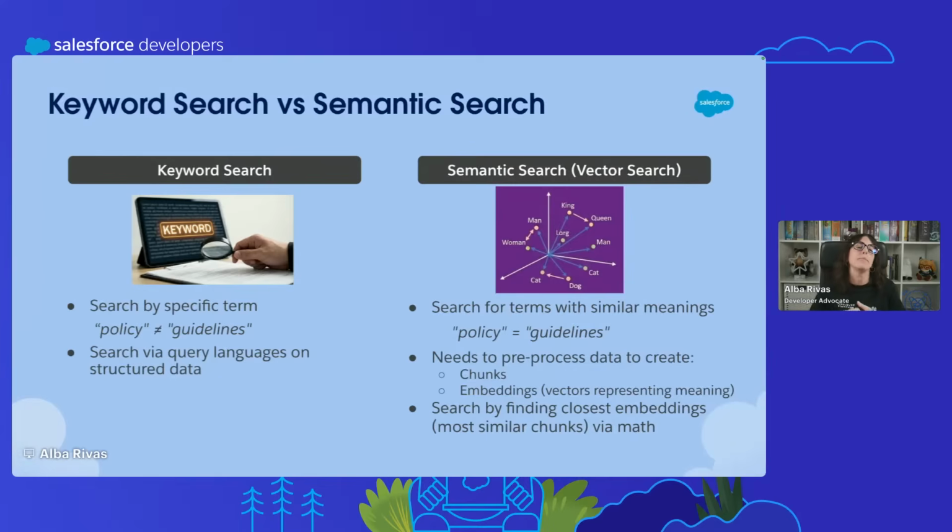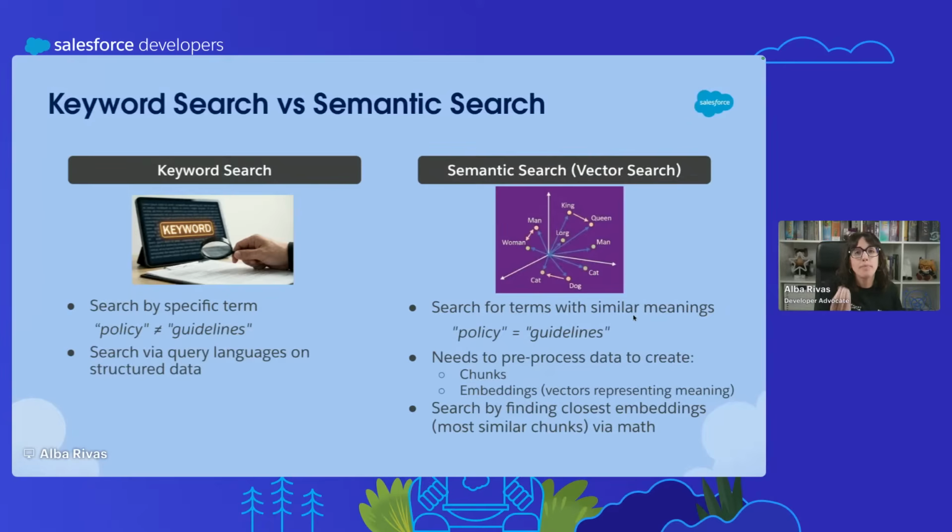And again, let's define the term, because some of you may be familiar with semantic search, but some of you may not. Semantic search, also known as vector search, is a kind of search that works by similarity, right?